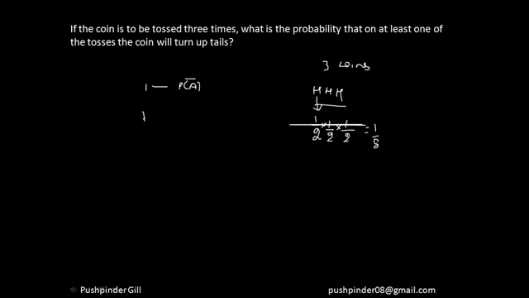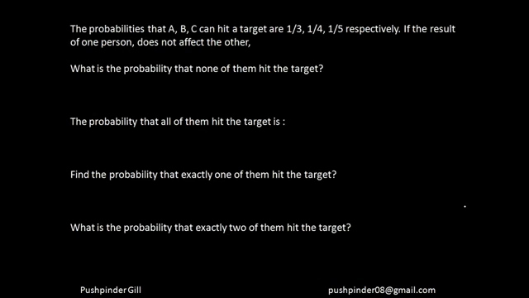So the probability that at least 1 tail comes is nothing but 7 by 8. So I hope everyone understood this question. It's very critical, because if you start jotting out the cases for at least one tail, it is going to take you a little bit of time, right? So this is a much smarter way, and we're going to do the coin thing in detail in some further videos, right? So let's just go ahead and do the next question.